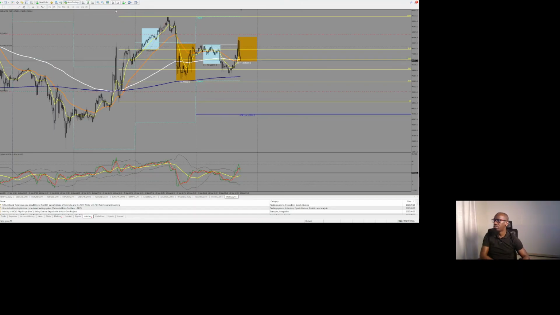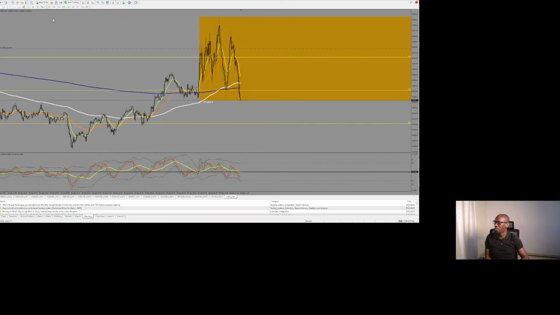And as this trade goes on, we'll definitely switch to the lower time frame just to see what price is doing in the lower time frame.